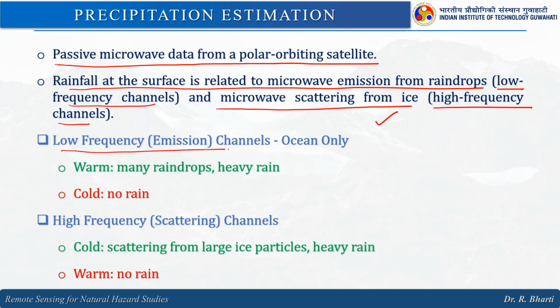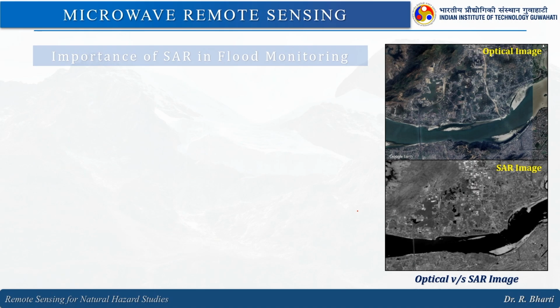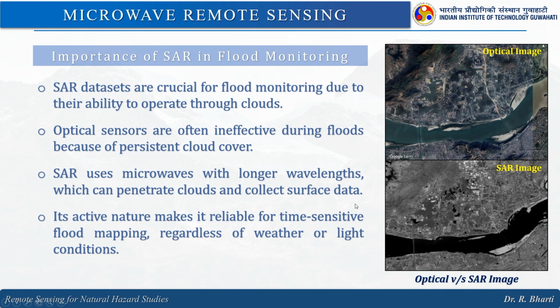In low frequency channels, if it is warm, many raindrops and heavy rains are expected. Cold means no rain. In high frequency scattering channels, cold means scattering from large ice particles and heavy rain is expected. If it is warm, then no rain is expected. So, this is how we utilize microwave remote sensing.